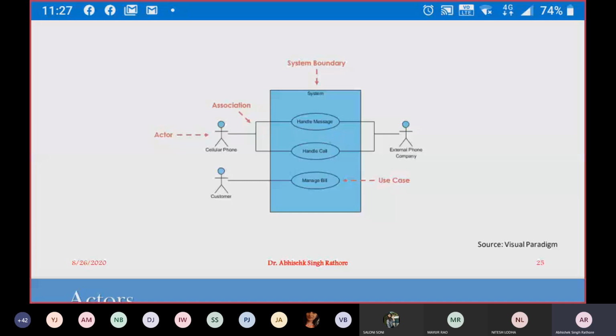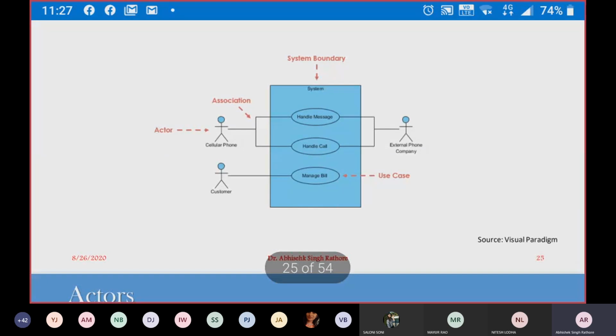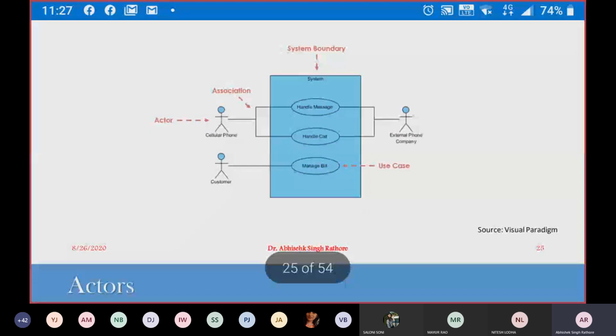So we have to find out the boundary of the system. It is helpful for developing your system and deciding what main functionality we have to include. We are not going for an open environment. We have to stick to the system that will help achieve your goal as fast as possible.